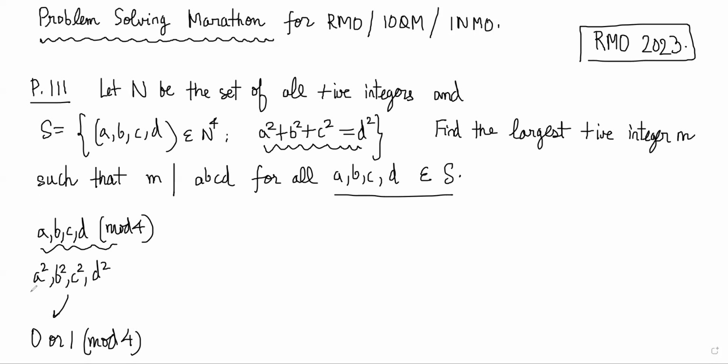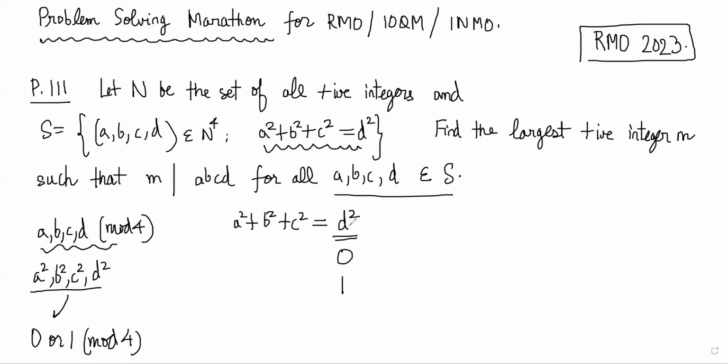So a square, b square, c square, d square must be 0 or 1 mod 4. Now, think of the possibilities for a square plus b square plus c square is equal to d square. This d square could be 0 or 1 mod 4.